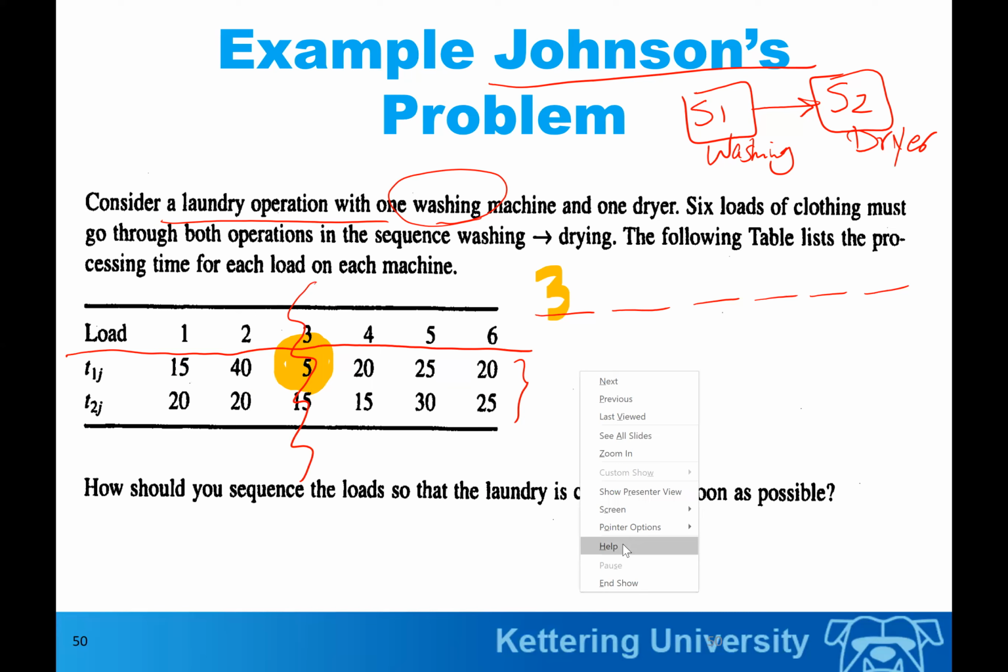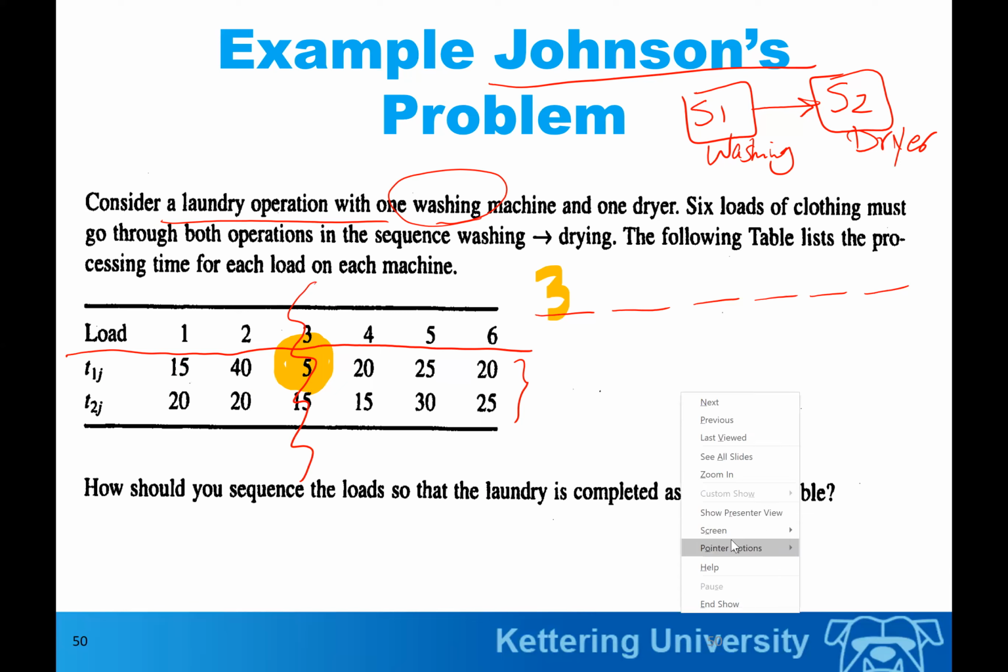Then again, among these durations, you have to look and see which one is minimum. Do you agree that 15 and 15 are the minimum? And they said if there is a tie, you can break the tie randomly. So let's say I choose randomly, I will select the 15 that belongs to job 4.